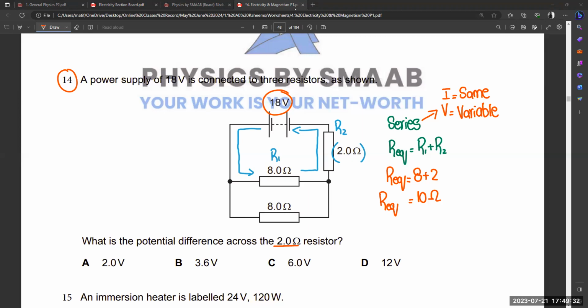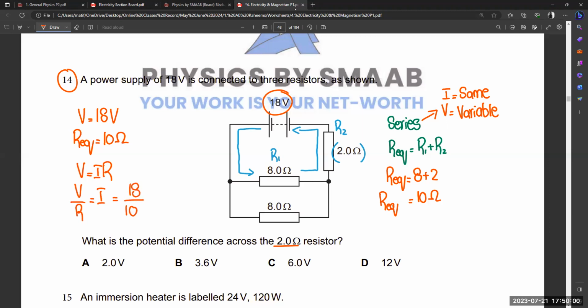Okay, so basically in this part, you can take the total voltage, which equals 18 volts, and you got the equivalent resistance of 10 ohms, right? So now use this to find the electric current first. I equals V over R, so you will get 1.8 ampere.